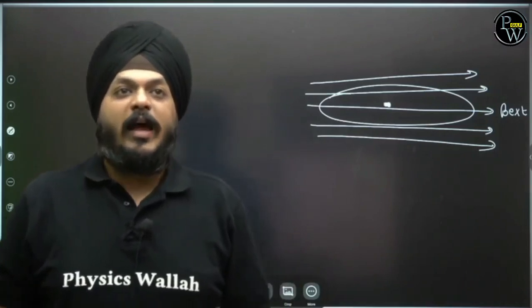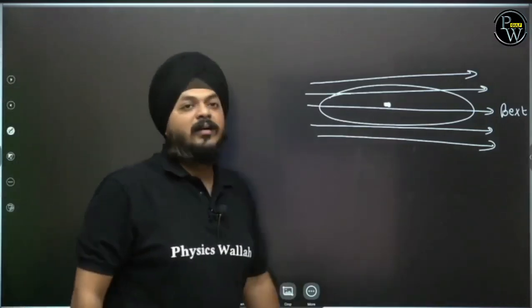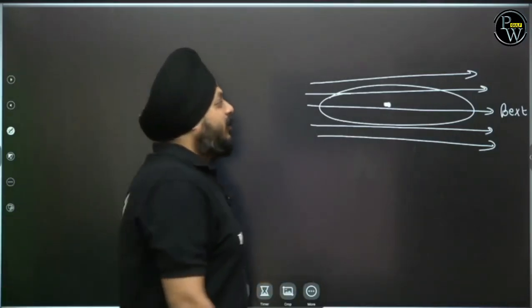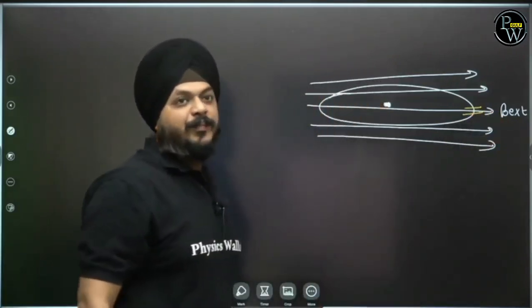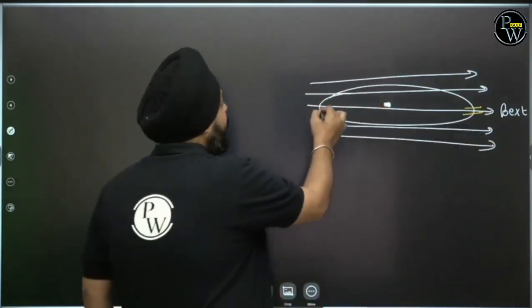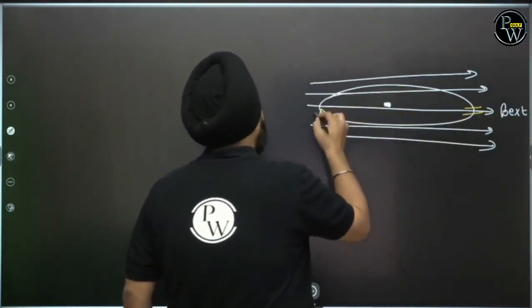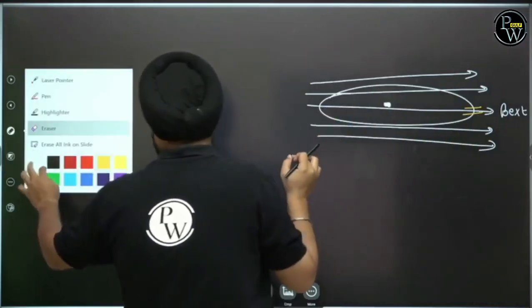Okay, what happens here? Suppose I am talking about a small current element here, and suppose the current is in the clockwise direction. Or you can take the current in any direction you want, it's not a matter.